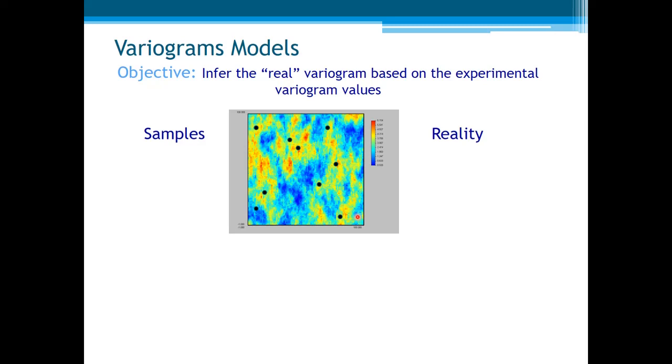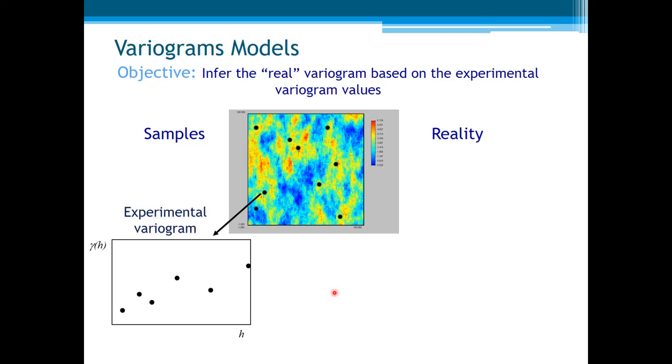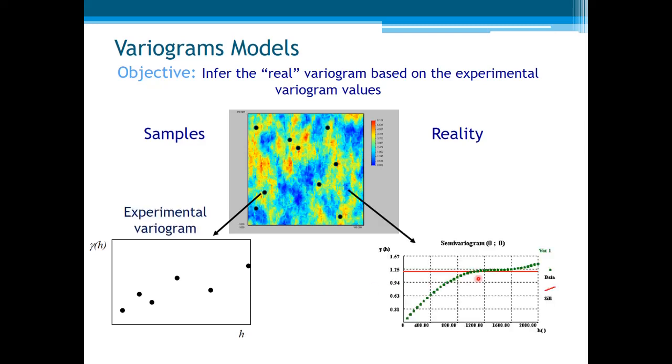And we build experimental variograms, just one direction, for example, this one. But if we knew the reality, we could get the real variogram of the same direction. This one here. This is the real variogram. Hence, the objective of this step is to know how to infer the real variogram, this one, based just on the only knowledge we have, which is the experimental variogram.